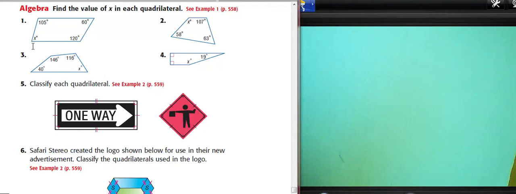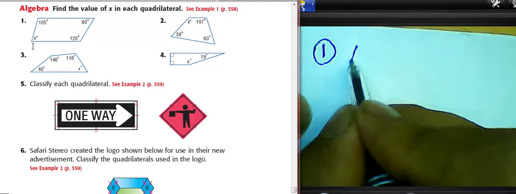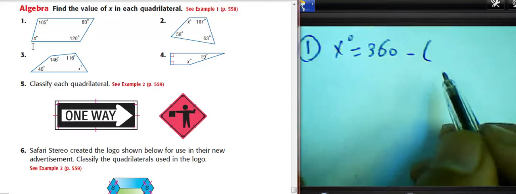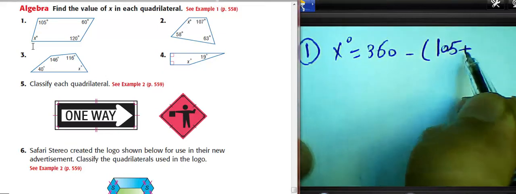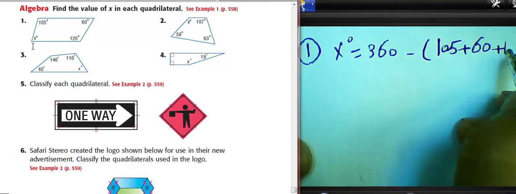To find the value of x, we can add all these angles and subtract the result from 360. Question number 1, we can write x equals 360 subtract, open brackets, 105 plus 60 plus 120.